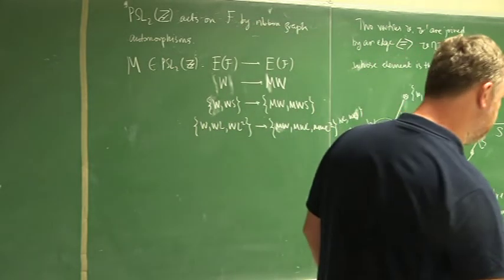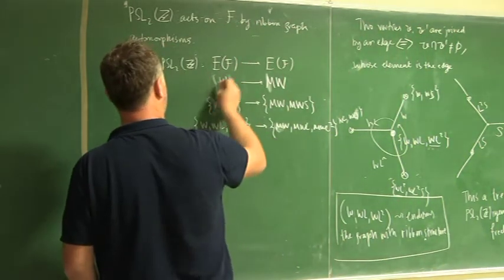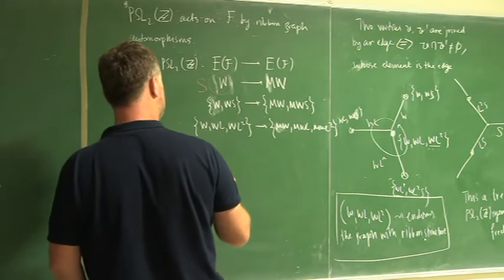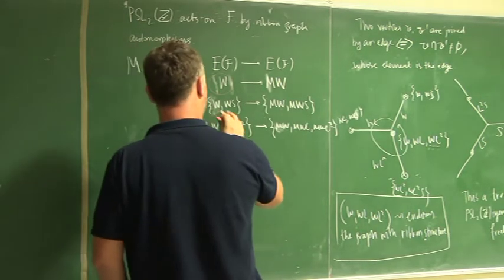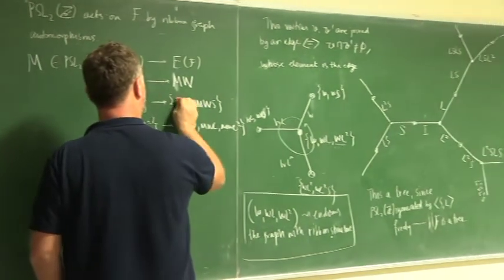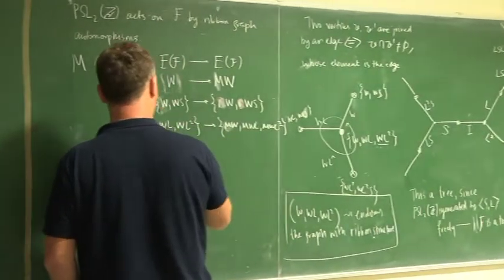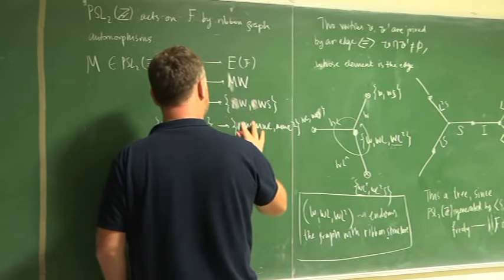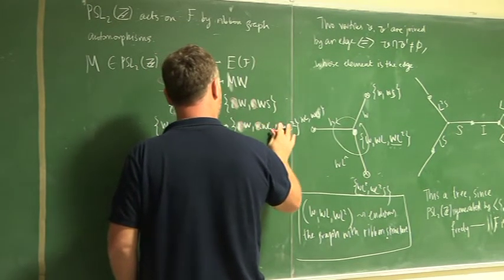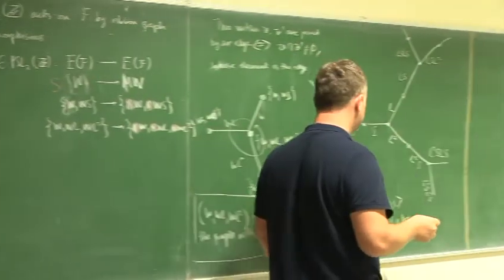Okay, so let's see what is the simplest automorphism. For example, if I pick S instead of W, then this automorphism will send WWS to SWS, and this vertex to SW and SWL square. So let's see what happens here.